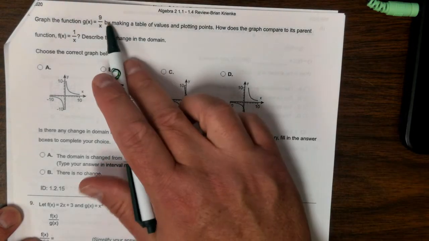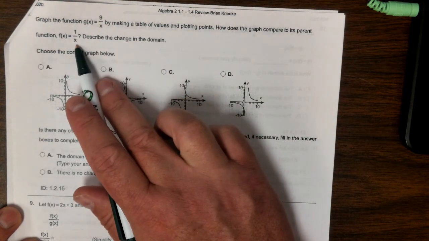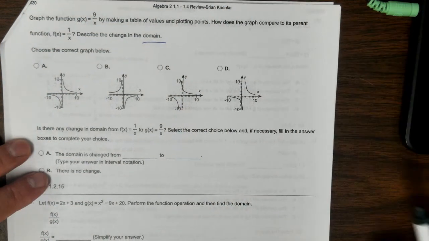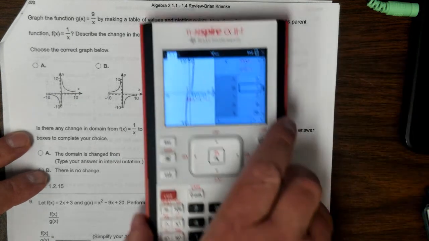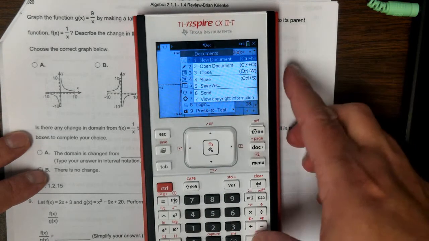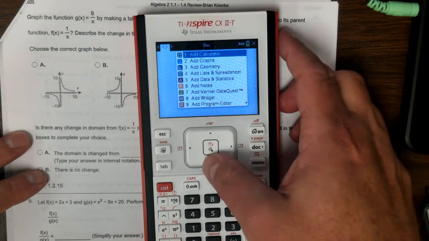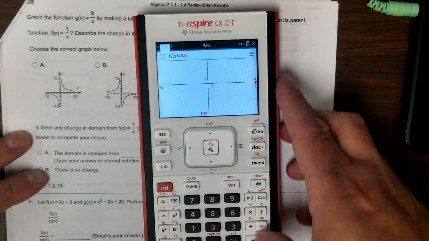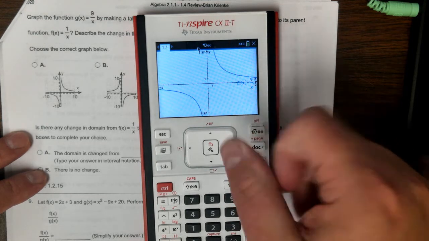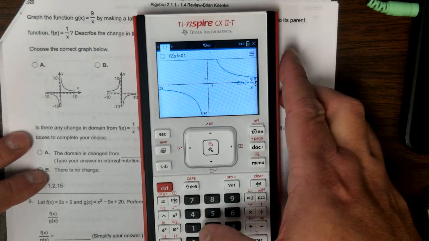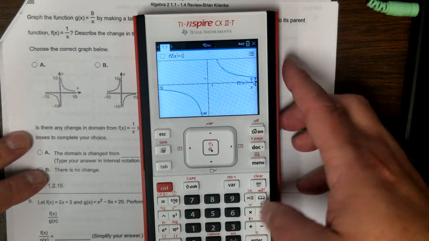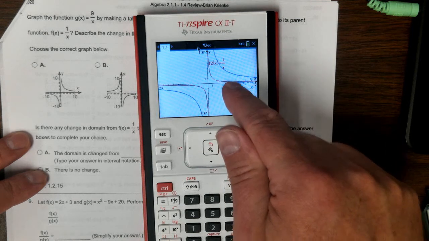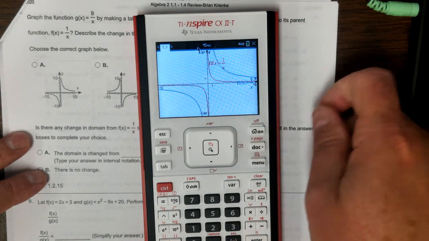Number 8, we have a 9 over x comparing to 1 over x, talking about a change to the domain. So first off, the graph of 9 over x looks like that. So if I did 1 over x just for comparison, 1 over x is closer to the axis, 9 over x is a little bit further out.